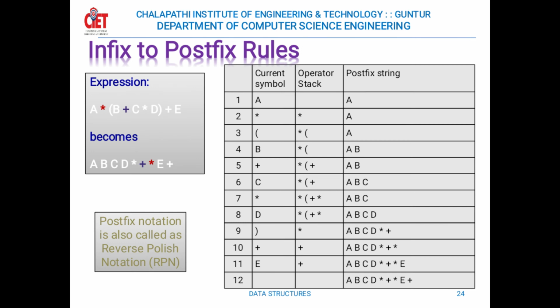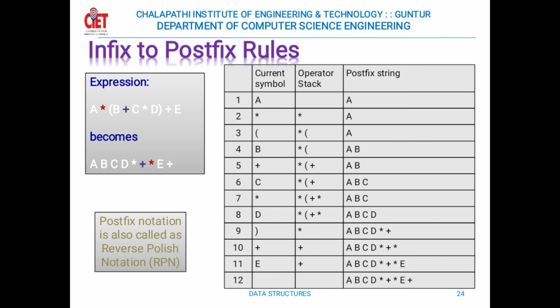This is one example of how to convert an infix expression to its equivalent postfix expression. Initially the first one is an operand, so write it as it is. Second one is a star, so push it onto the stack. Next, the parenthesis begin is also pushed onto the stack.